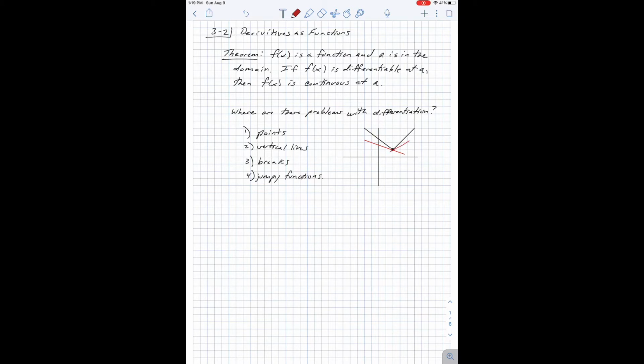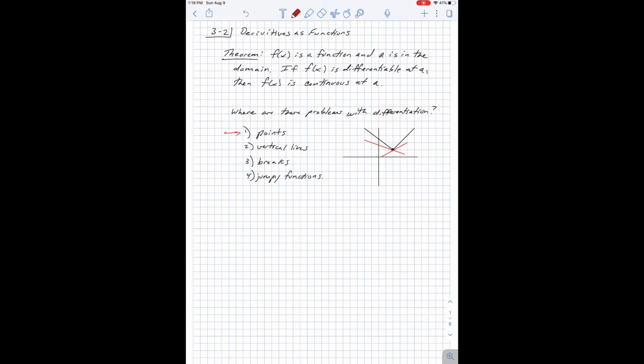But this is also a tangent line. See, the problem with a point is that I can kind of spin that tangent line in multiple directions and create multiple slopes. So it has to actually be a smooth curve in order to draw one unique tangent line. So that's the problem with points.